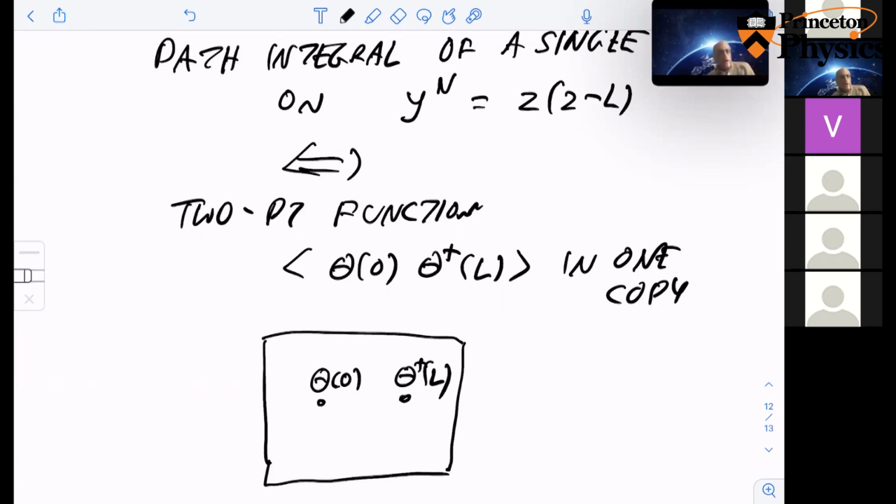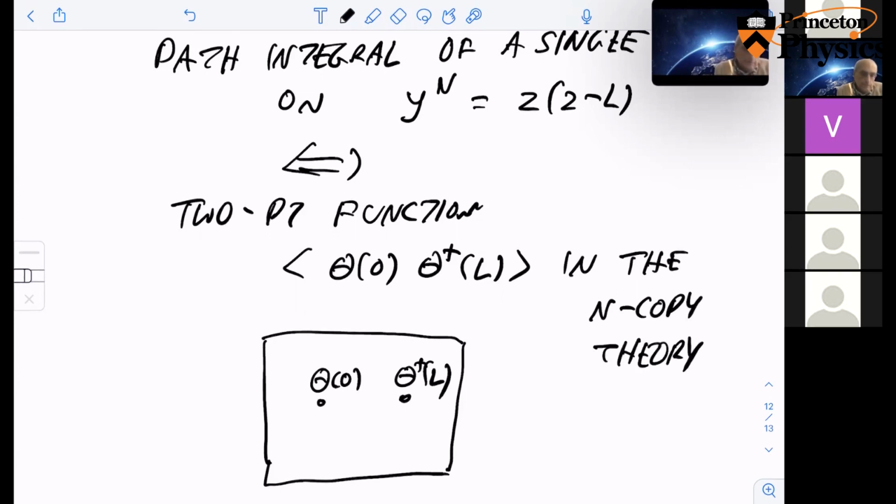Well, that's kind of a fancy tautology, but you'll see it's useful in a second. A single sheet in the n copy theory is equivalent to n sheets in the one copy theory. And the twist operator means by definition that the copies are cyclically permuted when we go around these points.